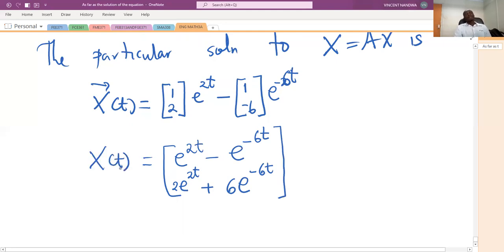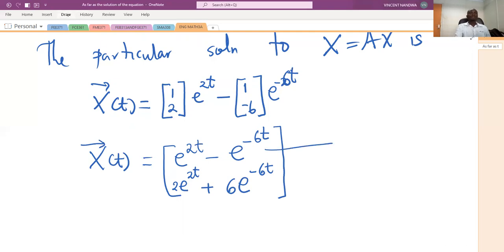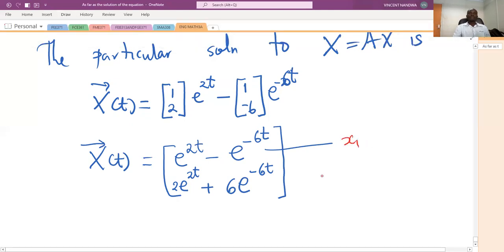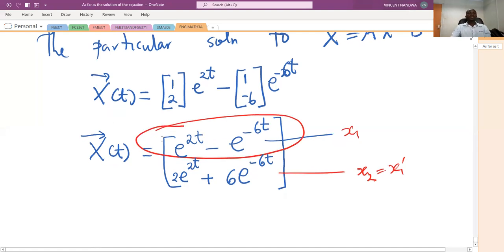Note that this is the solution for the general capital X of t. The first row is the value for x1, and this is the value for x2. So x2 corresponds to the derivative of x1. To give the solution to the given differential equation, you pick the answer you get in the first row.